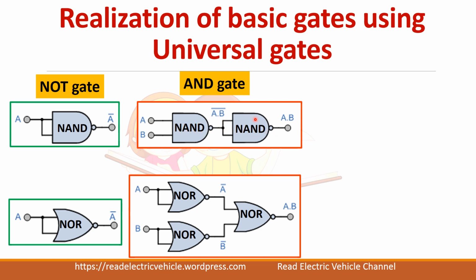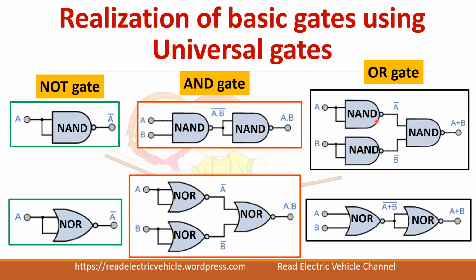Use an inverter here, so (AB) bar becomes AB. But to implement an AND gate using a NOR gate, your input should be in complemented form. So in both the input lines you connect an inverter, so you will get A bar and B bar, and your output will be A dot B.